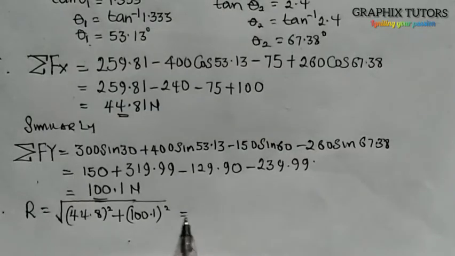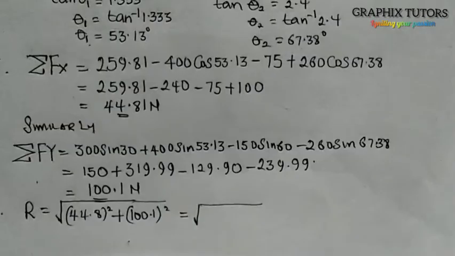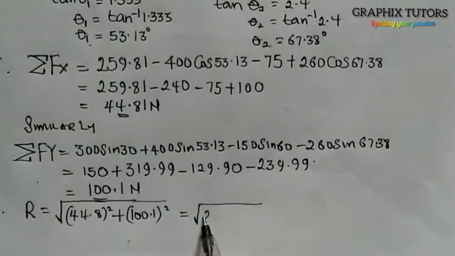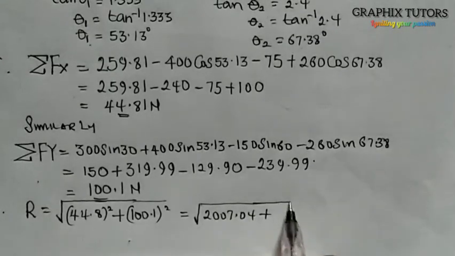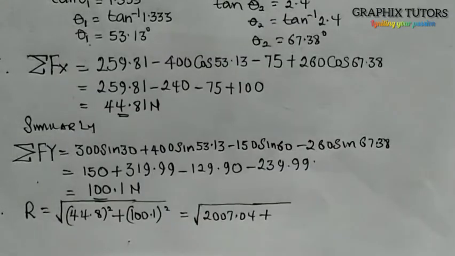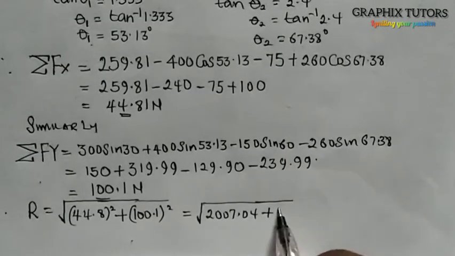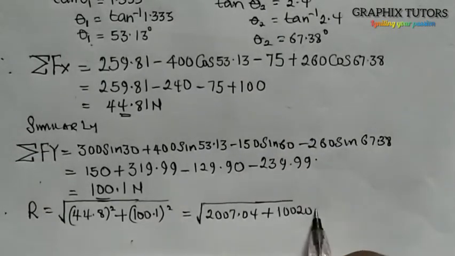This will give us the square root of 44.8 squared, that will give me 2007.04, plus 100.1 squared, that gives us 10020.01.